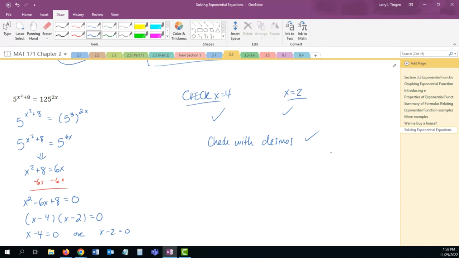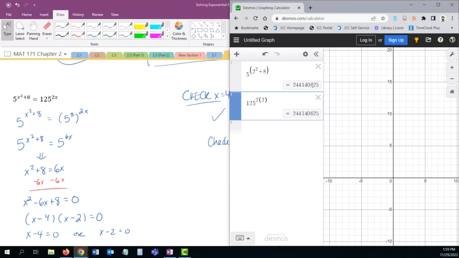If you check this one by hand, you're not going to actually calculate, because look at the numbers that showed up. This is 244 million. You're not going to actually calculate this number on the left, this number on the right, and then see if they match. If you're checking the problem, you'll just end up with 5 to some number equals 5 to some number.